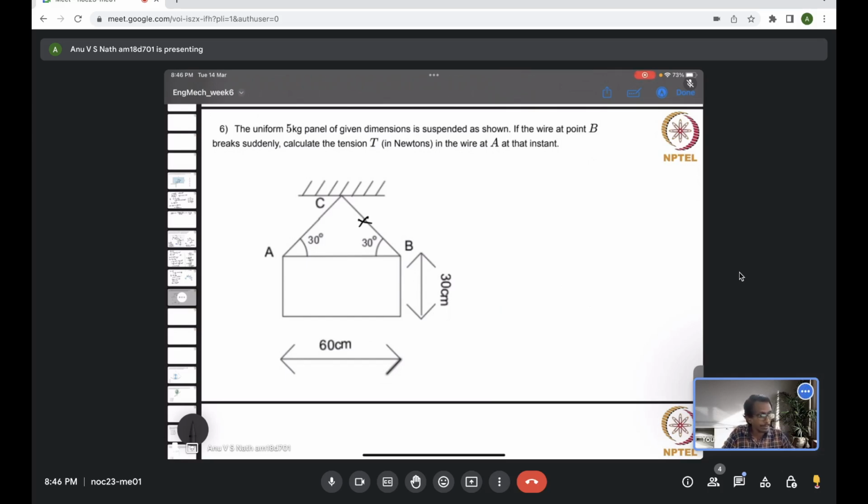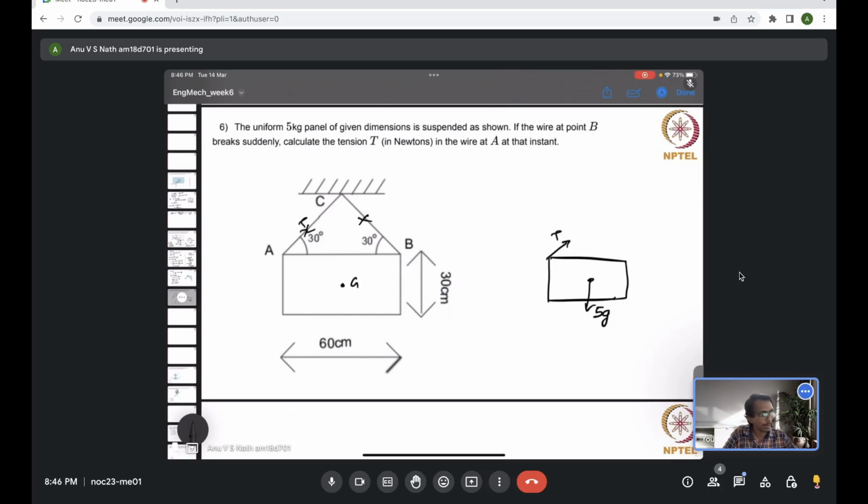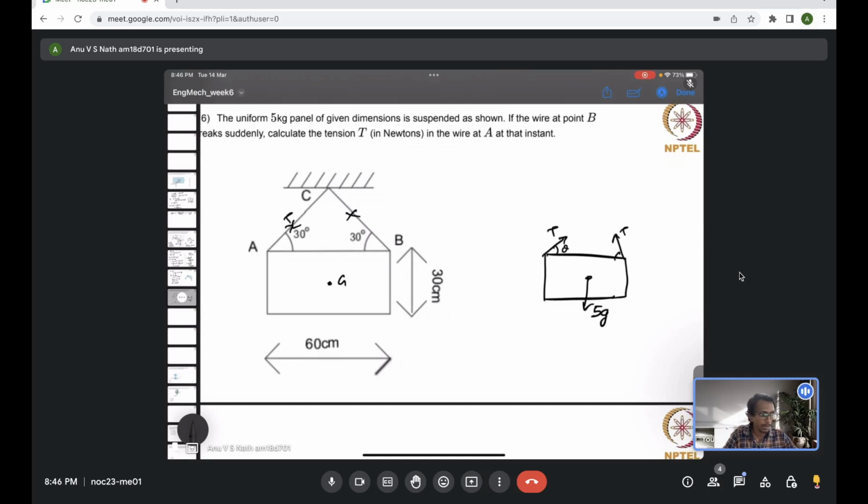So we have the center of mass somewhere here. Through the center of mass its weight is acting, which is 5g, and there is a tension T on each string at angle theta, and theta is 30 degrees.